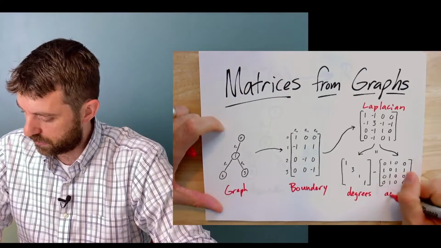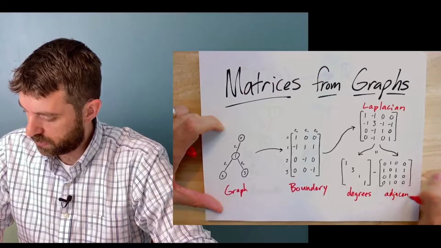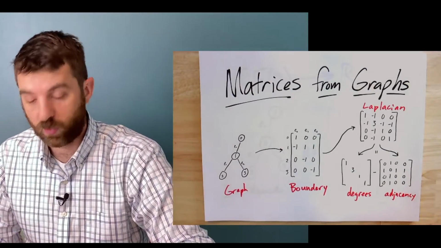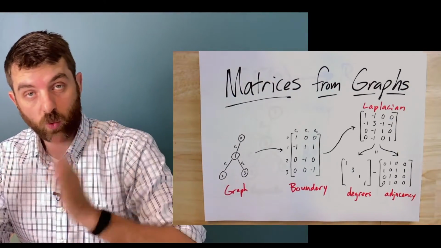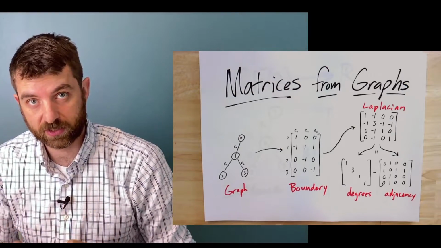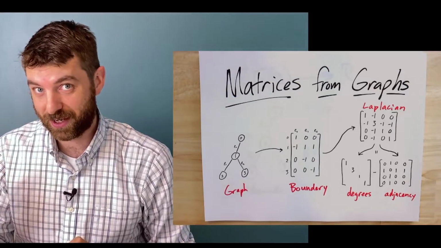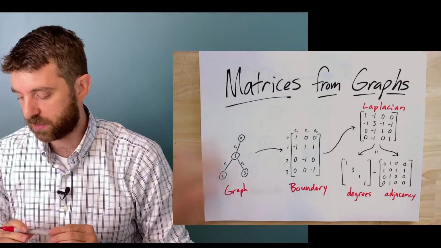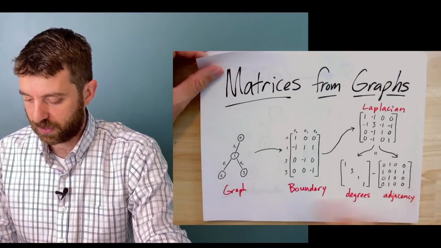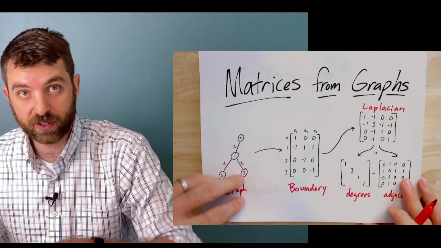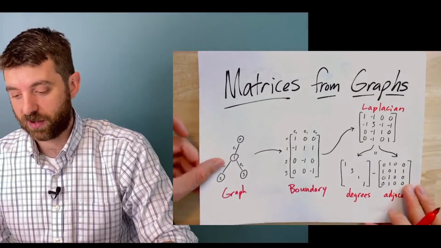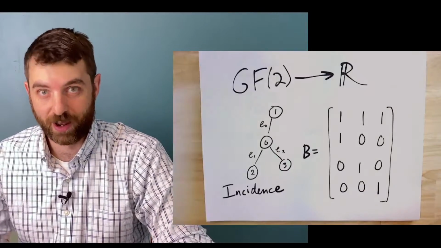And the adjacency matrix, which is just a 1, 0 matrix, has element ij equal to 1 if vertex i and vertex j are connected, and 0 otherwise. All right, so these are 4 different important matrices associated with a graph that we're going to cover right now.